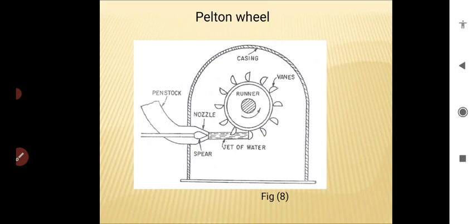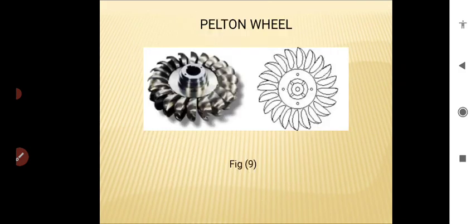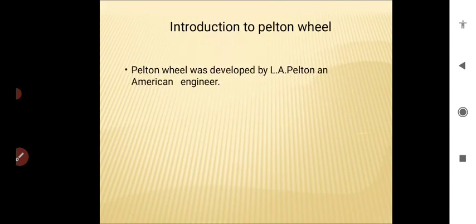The main parts of the Pelton wheel are penstock, nozzle, spear rod, vanes, runner and casing, and braking jet. In Figure 9, the runner wheel is mounted with a number of vanes. Introduction to the Pelton wheel.